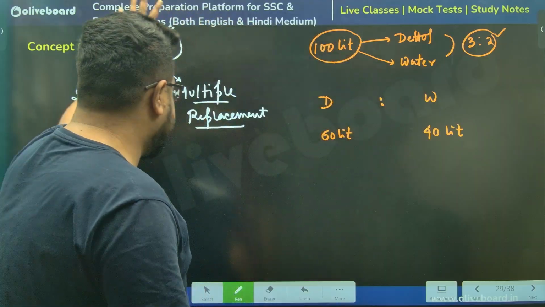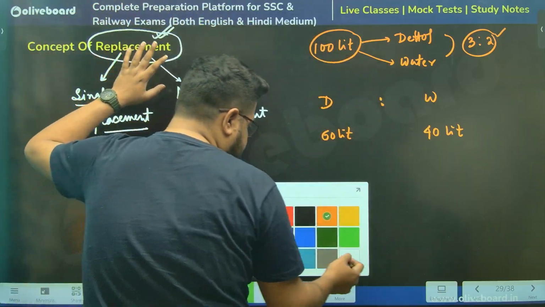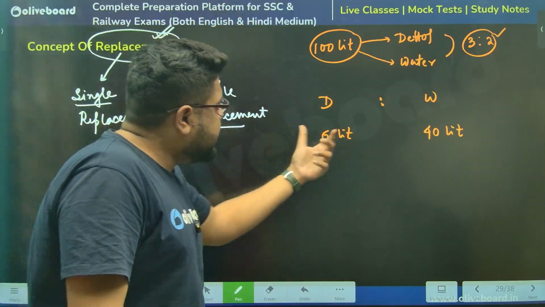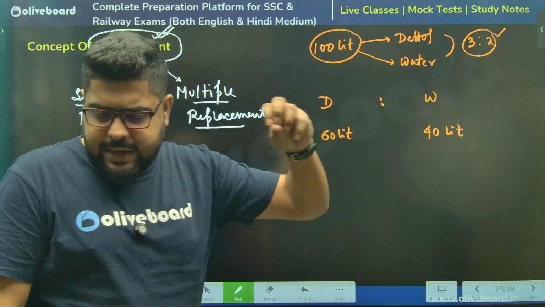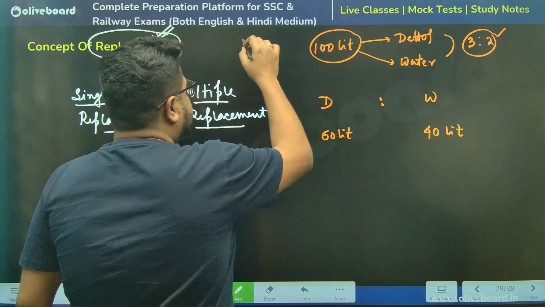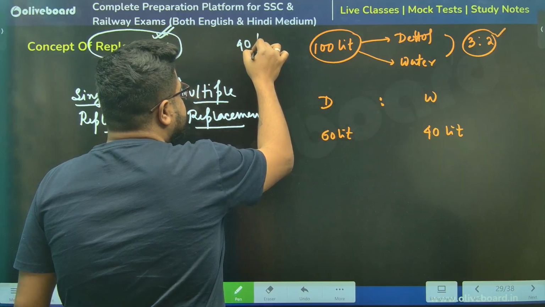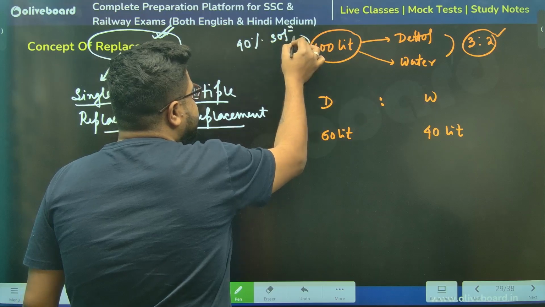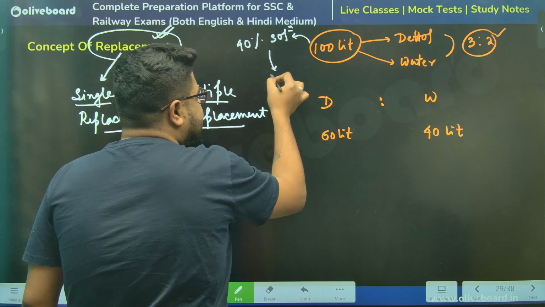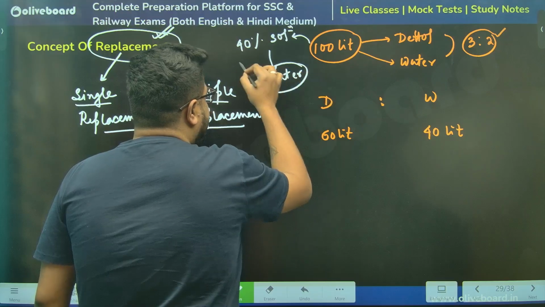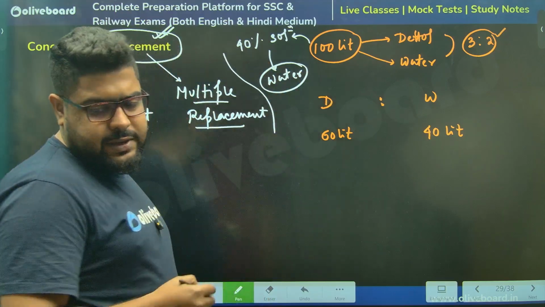Now the replacement concept kicks in. Let's say out of this 60 and 40, I have taken out 40% of the solution, and replaced that with only water.